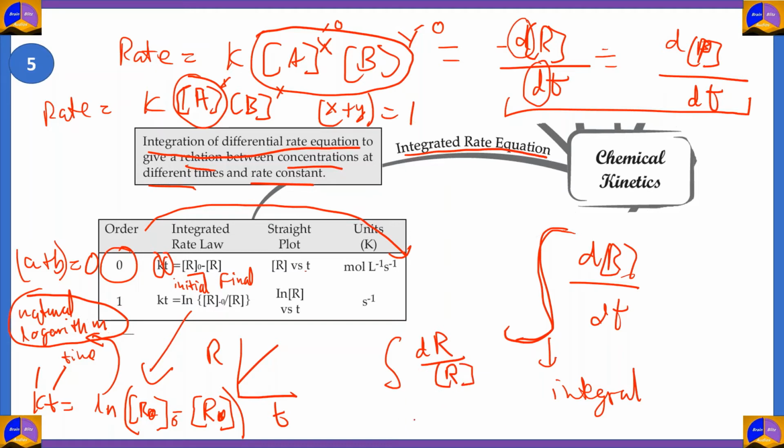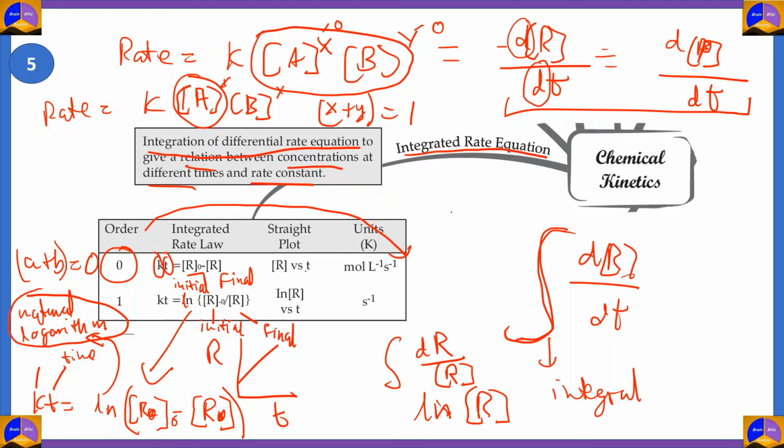So we get ln [R], the natural logarithm of R. So kt is equal to ln [R]0 divided by [R], where [R]0 is initial and [R] is final.